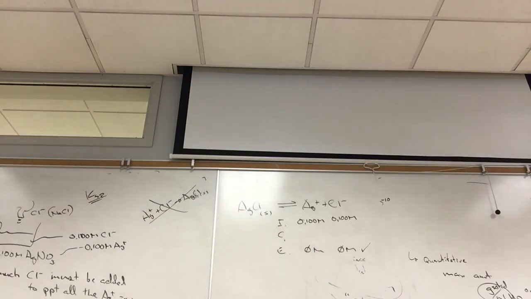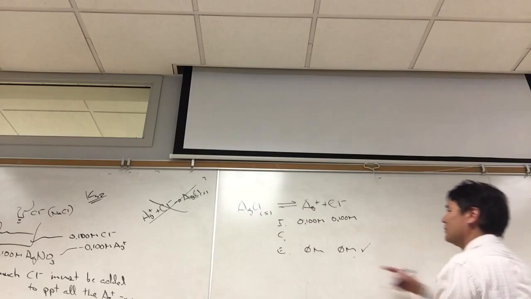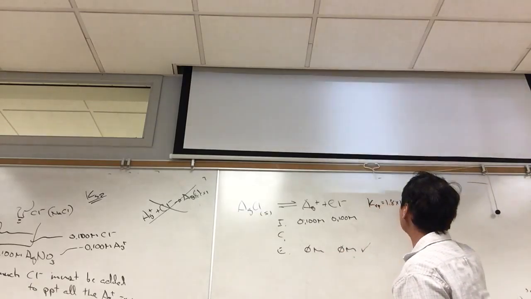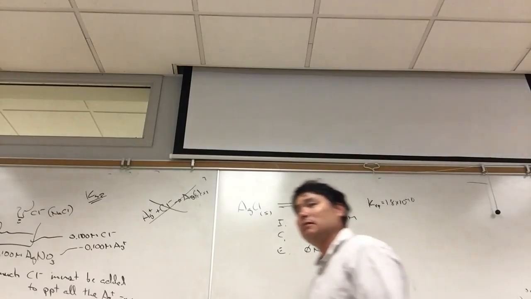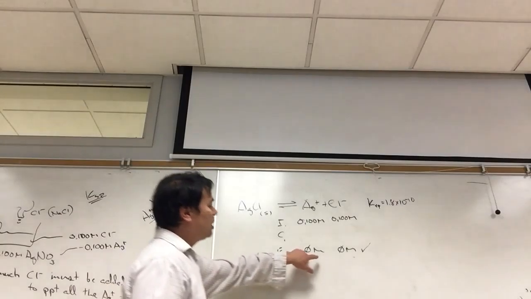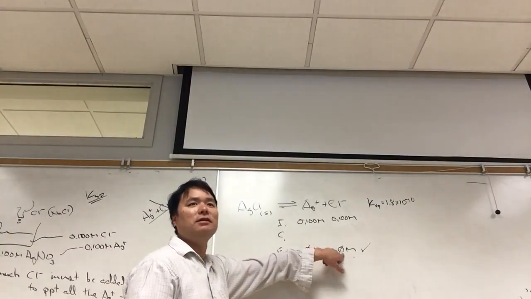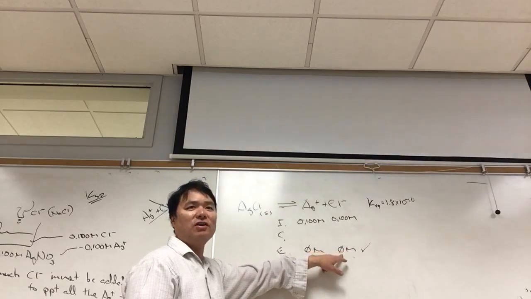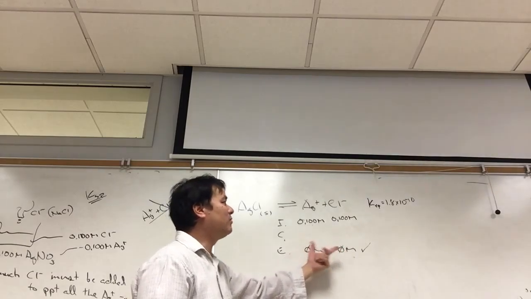Is that right? It turns out it's not right, because I want to double check my equilibrium. If I double check my equilibrium, the KSP is 1.8 times 10 to the minus 10. And so if I double check my equilibrium concentrations, I get a KSP of 0, which means I have 100% error.